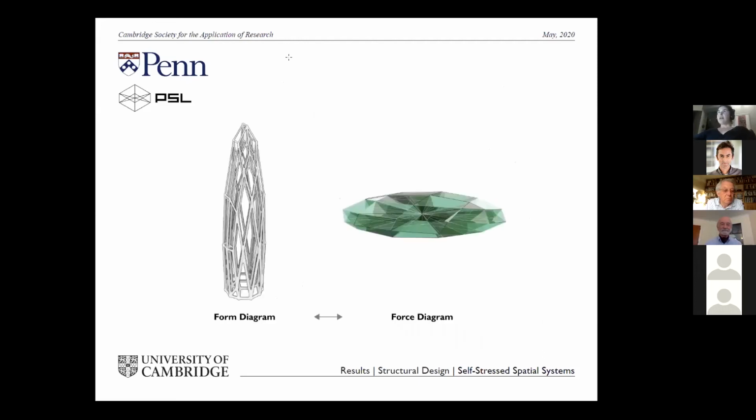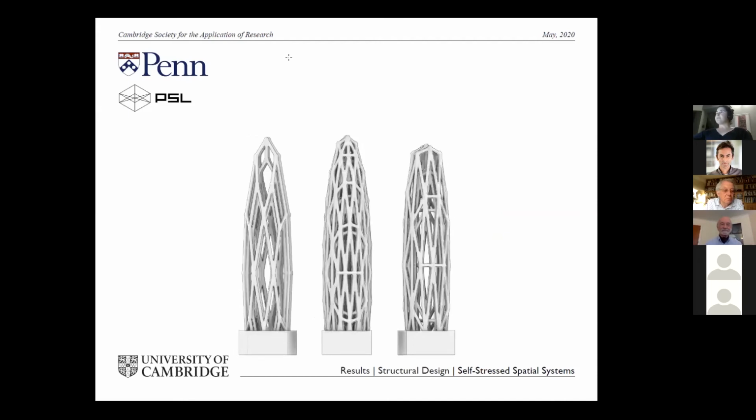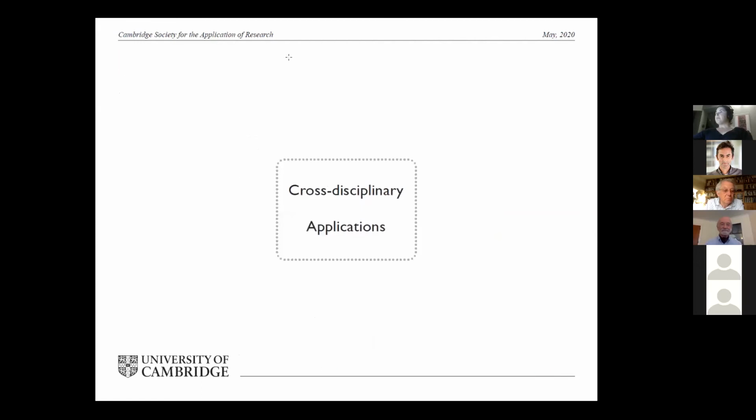By doing that, we guarantee that the design happens within equilibrium space. So the design and analysis are really interconnected. Basically, you design by analysis. And by doing that, we can make quite a rich language of, in this case, spatial trusses, exoskeletons for tall towers. And briefly, I'm going to mention some cross-disciplinary applications.